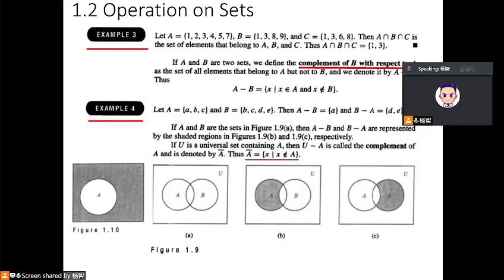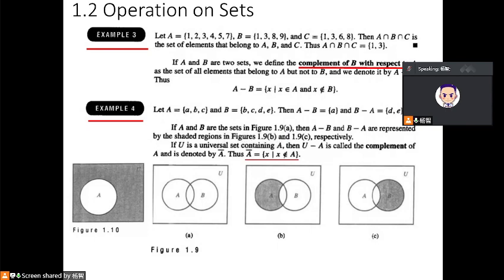Look at example 3, the intersection among three sets. A equals {1, 2, 3, 4, 5, 7}, B equals {1, 3, 8, 9}, and C equals {1, 3, 6, 8}.